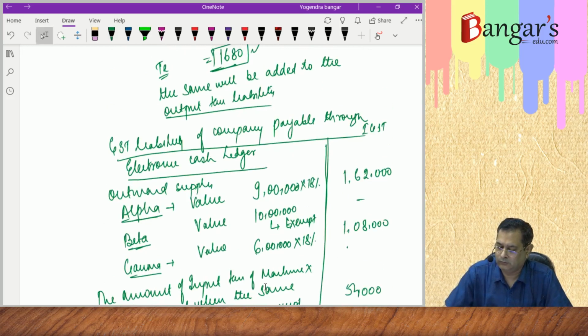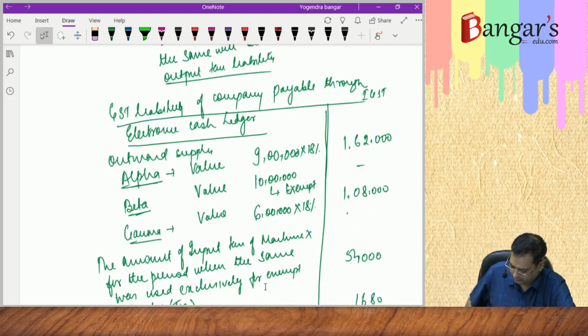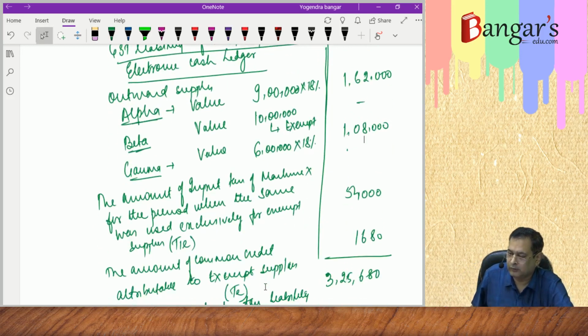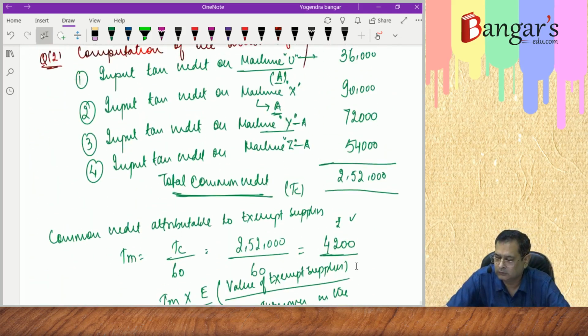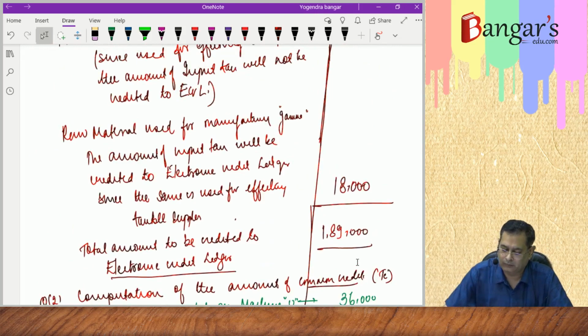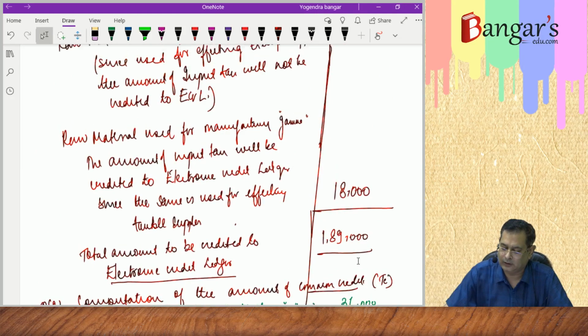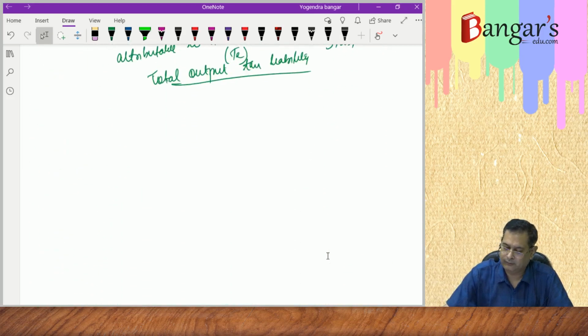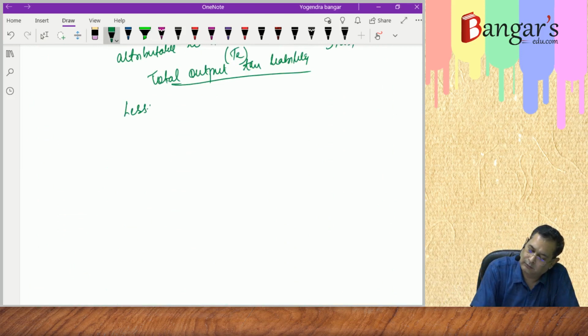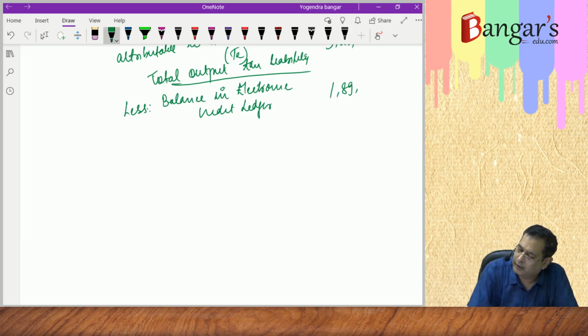The balance in the electronic credit ledger is 1,89,000.